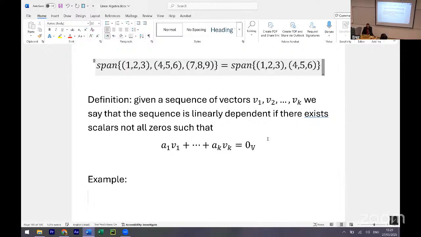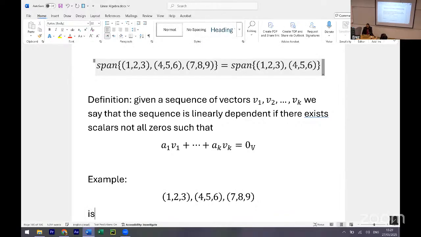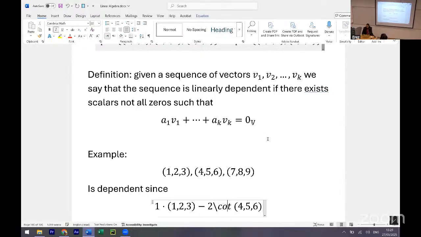Example: 1, 2, 3; 4, 5, 6; 7, 8, 9 is dependent, since one times 1, 2, 3, minus 2 times 4, 5, 6, plus 1 times 7, 8, 9 is 0, 0, 0.